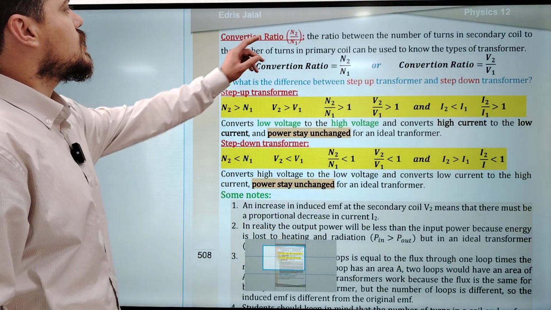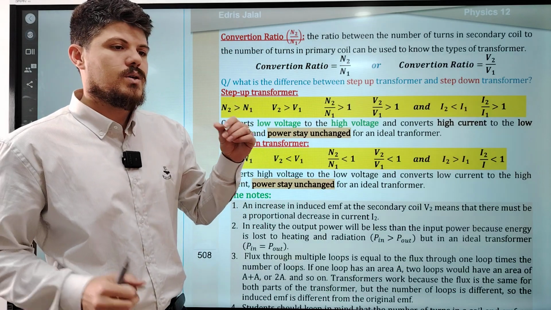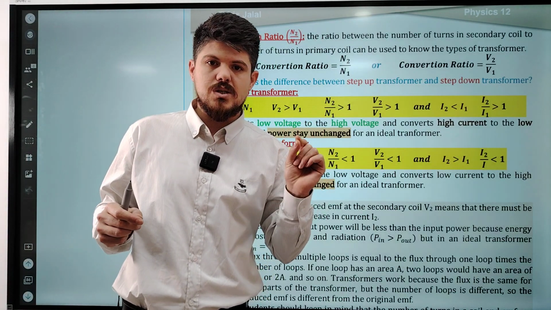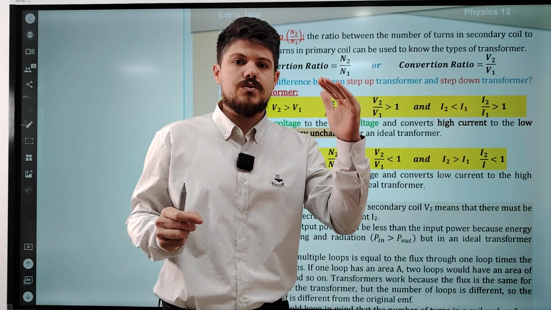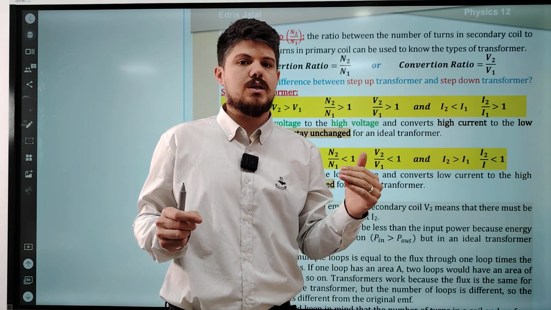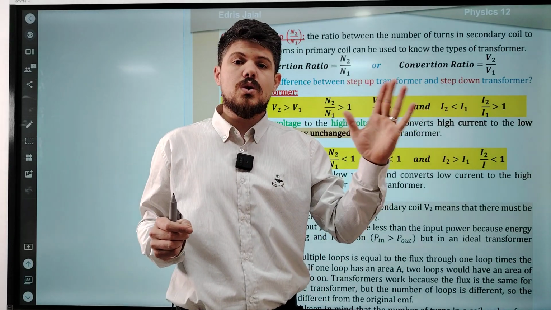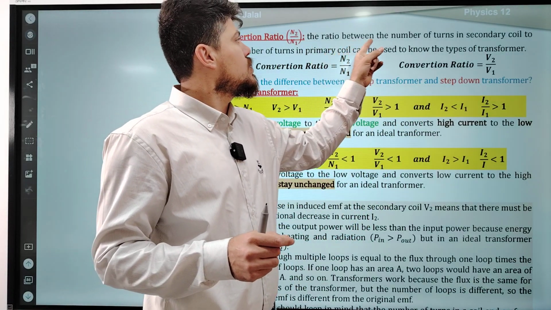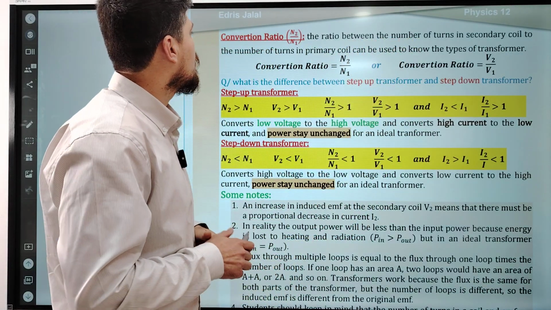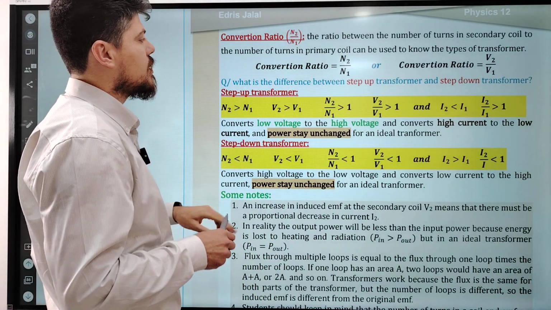If the question says find the conversion ratio, you have to find the number of turns in the secondary coil to the number of turns in the primary coil, which means that N2 over N1 or V2 over V1 is the ratio between them.